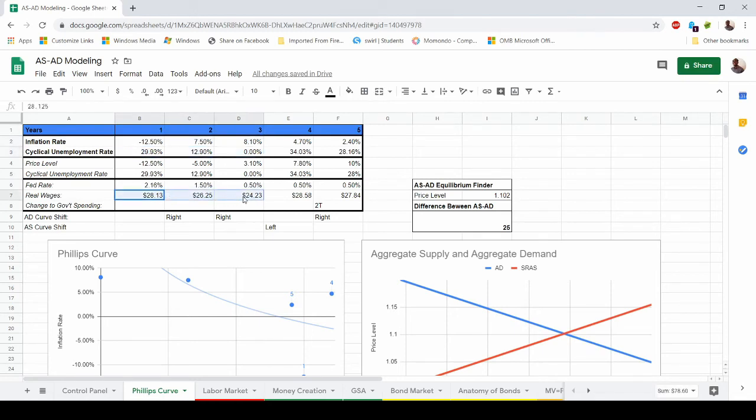So after some point, workers start to demand wages closer to what they had started off with in real terms. That demand for higher wages, though, eats into the employment gains. So with this increase in real wages, we see a dramatic increase in unemployment. And at the same time, inflation continues to occur.